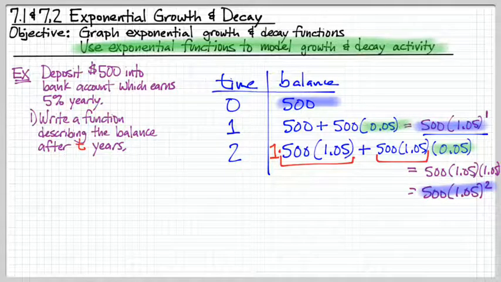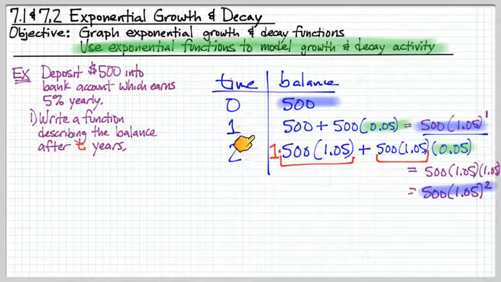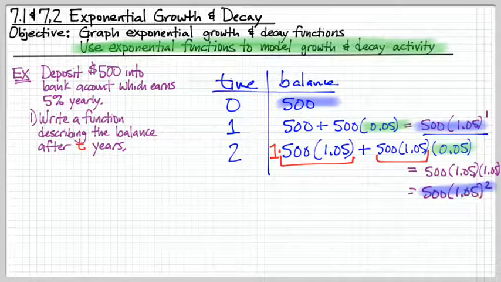And we could keep on doing this, and we would see that the exponent just keeps increasing by 1, basically the time value. I have a 1 here and an exponent of 1 there. I have a 2 here and an exponent of 2 here. This suggests an exponential type of growth. And that's precisely what we see here.